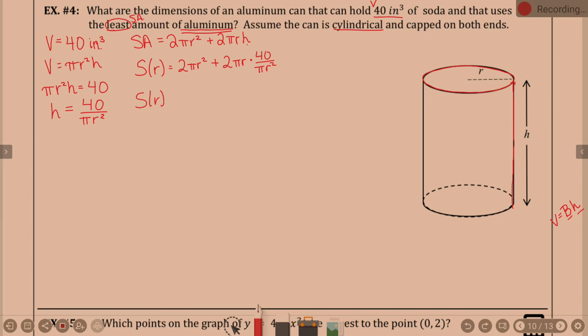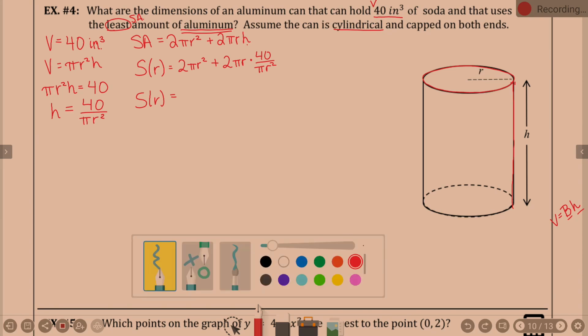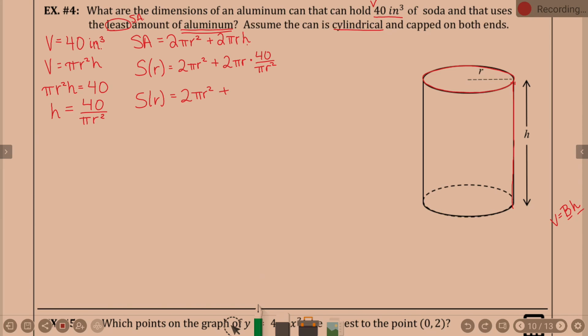Okay, I would like to clean this up. 2 pi r squared is still 2 pi r squared. Plus, what about this mess? We could do 80 pi r over pi r squared. And then clean it up more. We could take one of the pi r's off the top, and then pi cancels with pi. So it's just 80.